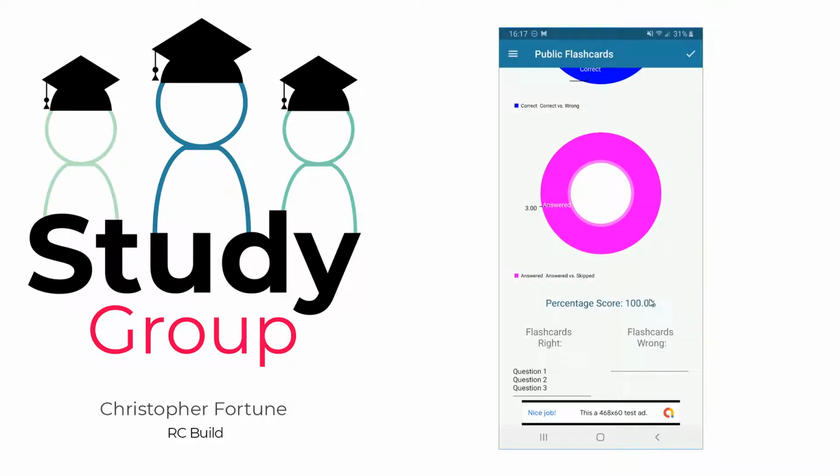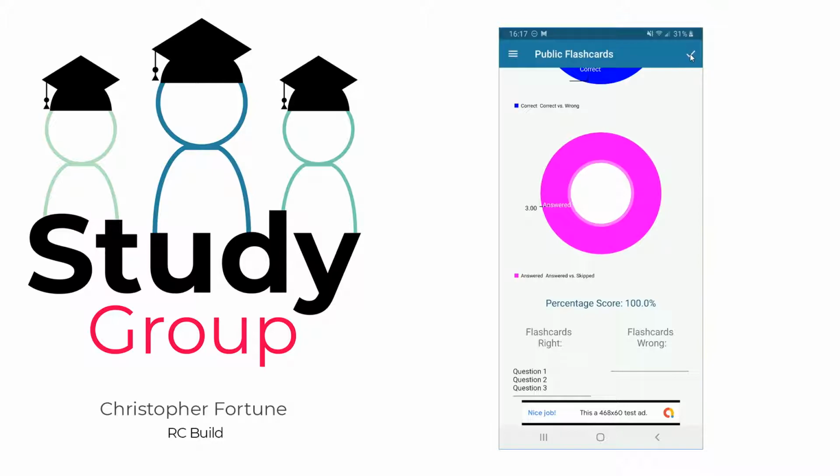And then right here, it's displaying the percentage score overall. So you can see that we got 100% on that test. It also displays the question numbers that we answered correctly, and if we were to answer a question wrong, it would display the question number that we got wrong.